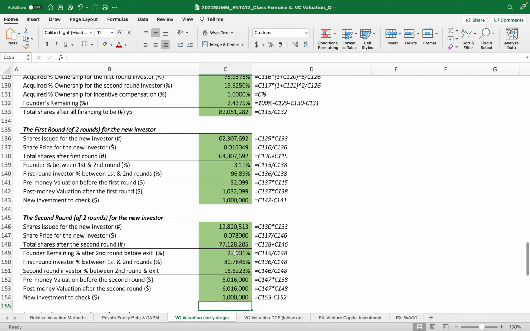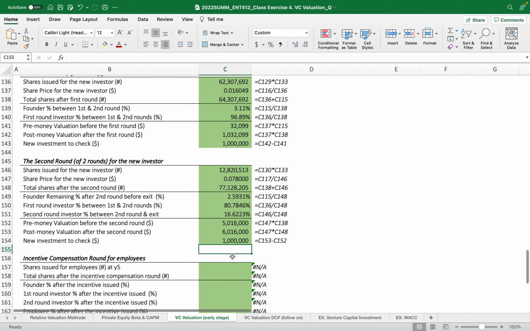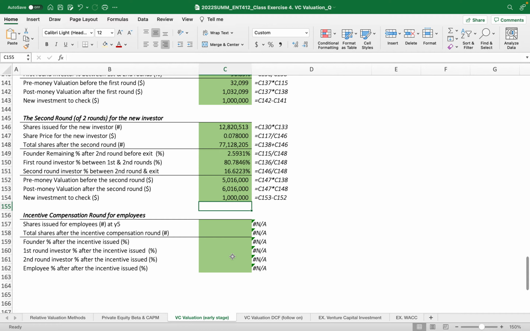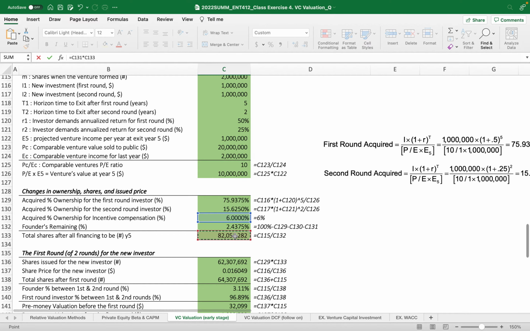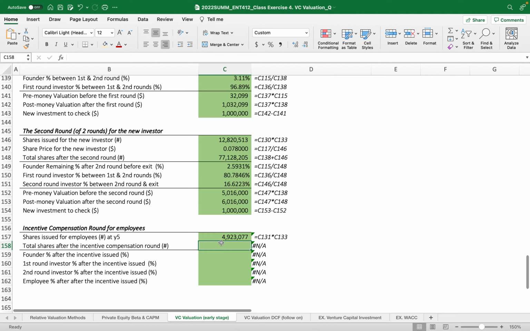Very good, but still we need to go one more step for the incentive compensation round here. Now, shares issued for the employees at the exit year, how to calculate? Here, we already set up, right? Set aside is 6% from the owners, right? So 6% times. Now, at the end of the exit year, they must have 4.9 million shares, right?